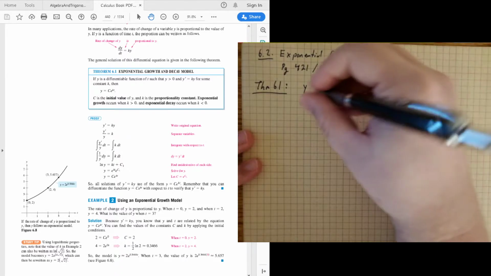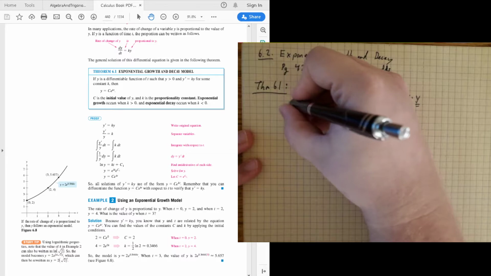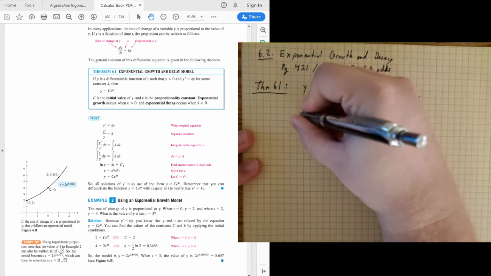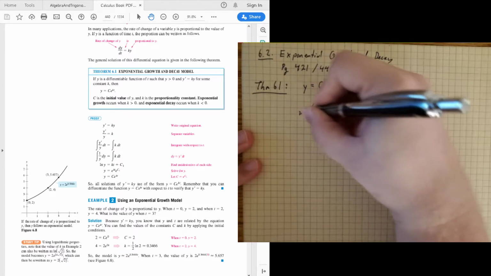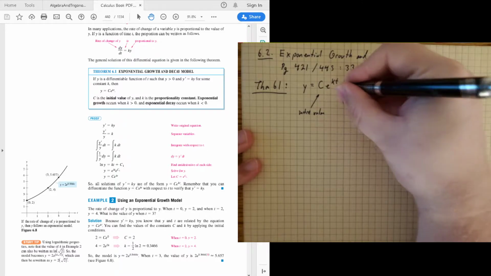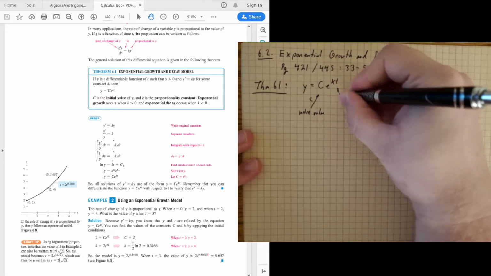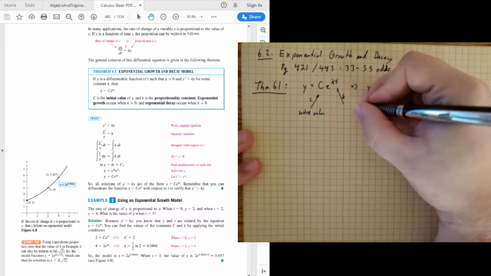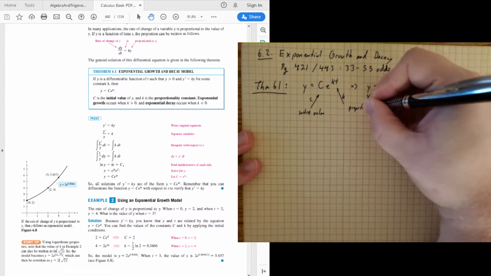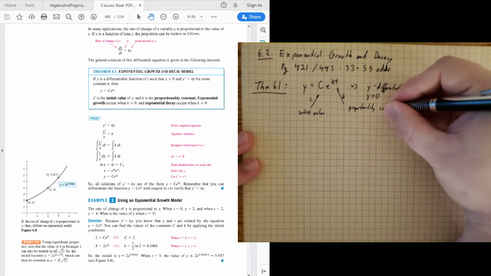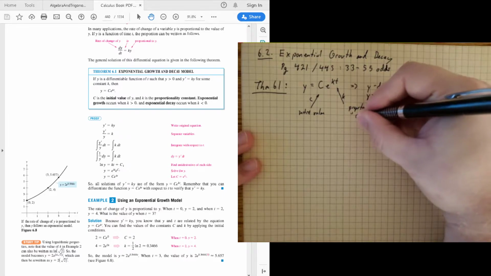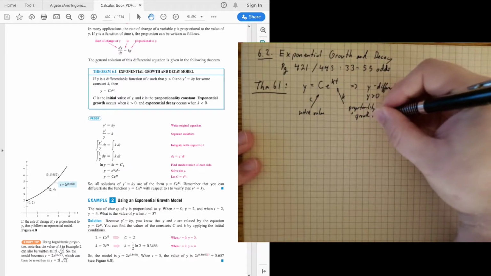Now, this is referred to as the exponential growth model. There are a couple of values to keep track of. C is the initial value. K is referred to as the proportionality constant, although we usually call it the growth rate or decay rate.